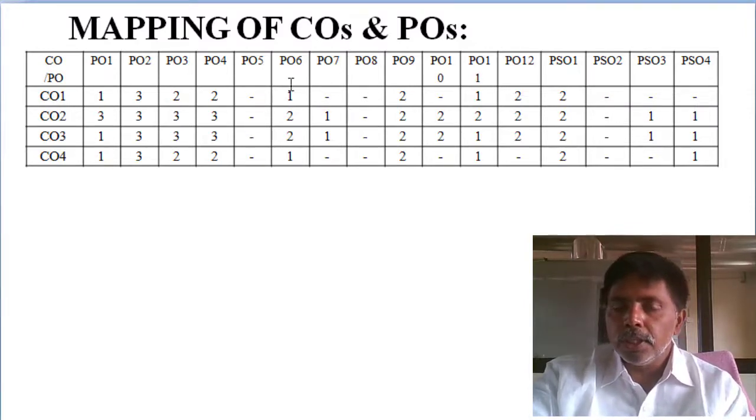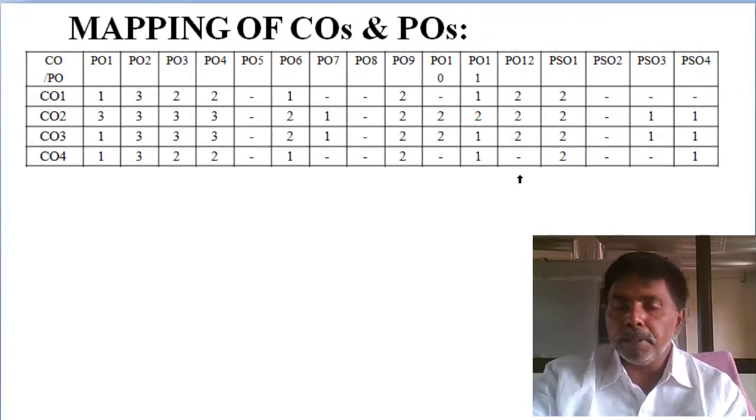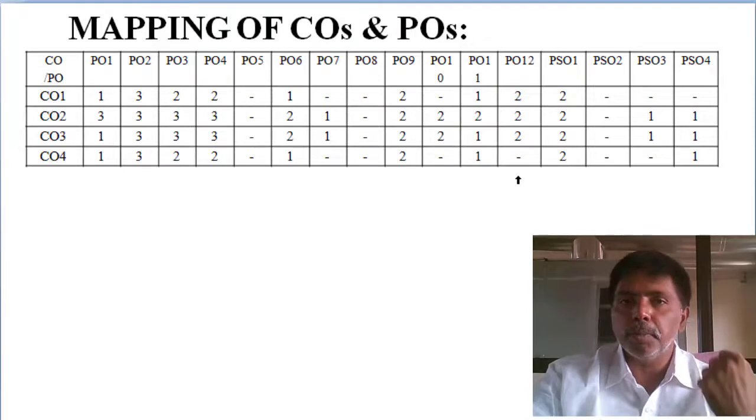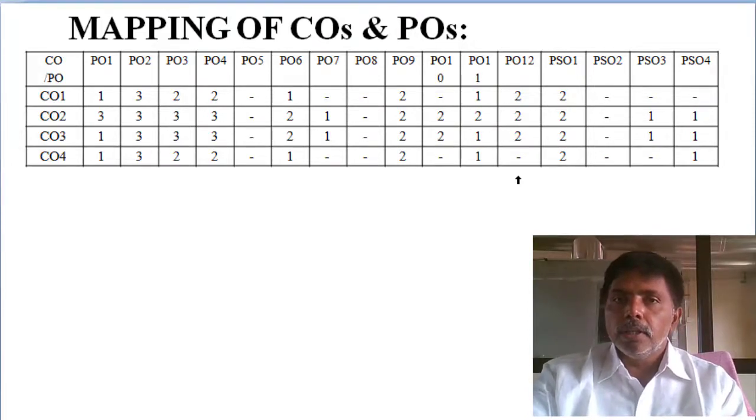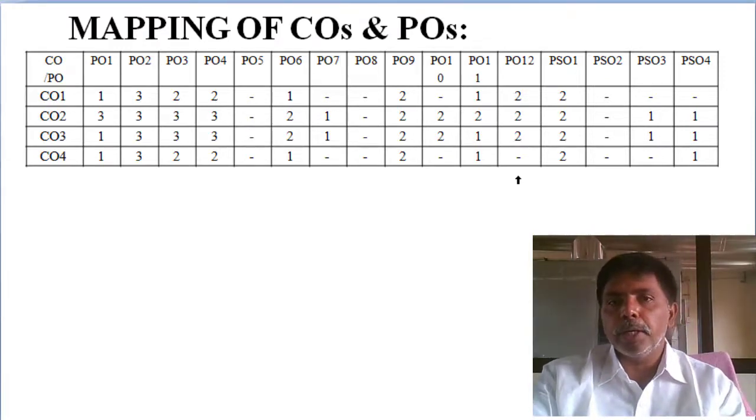So PO6, by my teaching learning methodology, from 6 to 12, I can achieve 10, 11, 12. Okay, I can achieve lifelong learning by my teaching learning methodology. This is my hope. So this is the total I am giving before starting the subject.